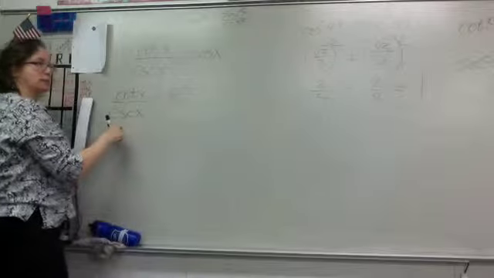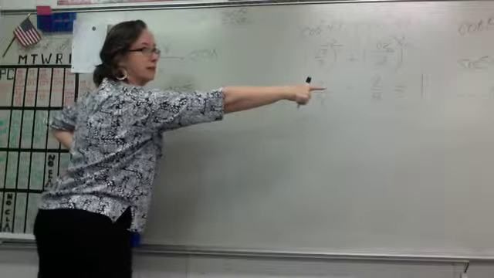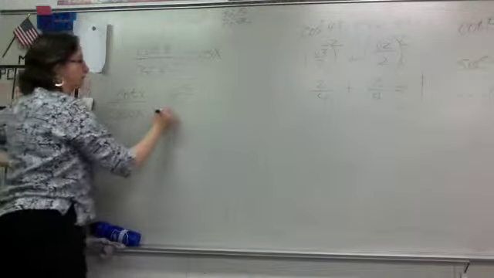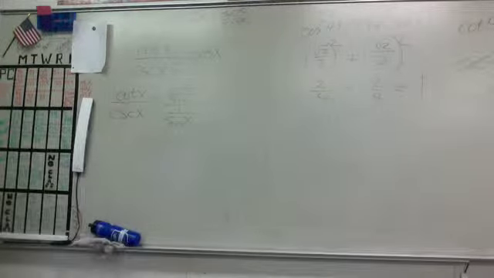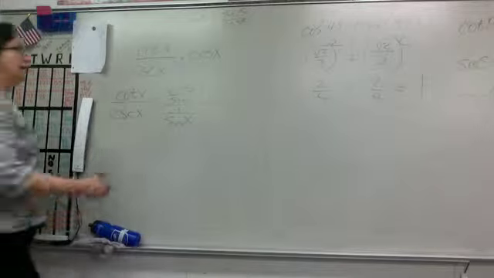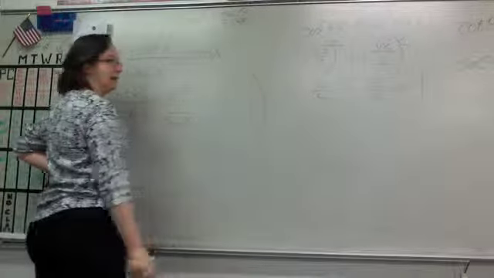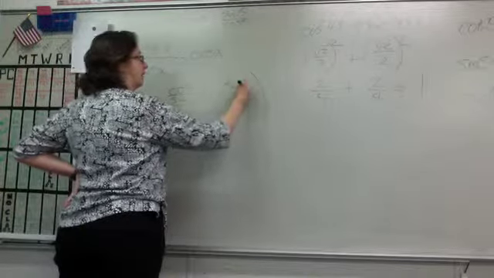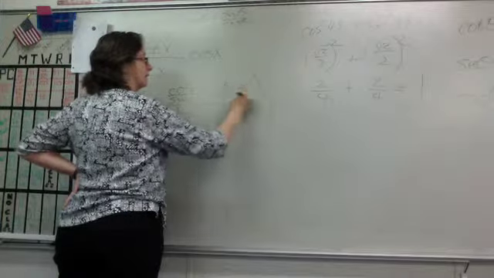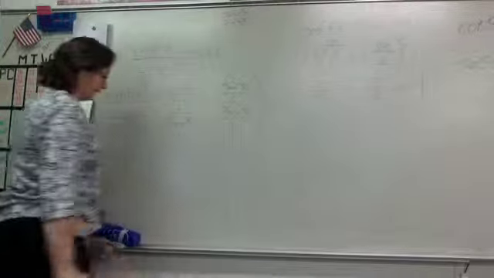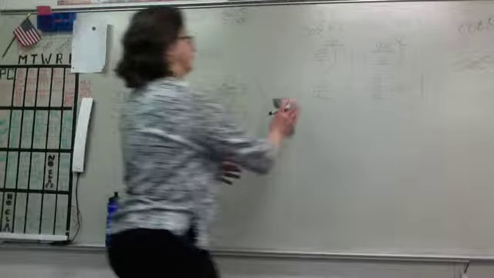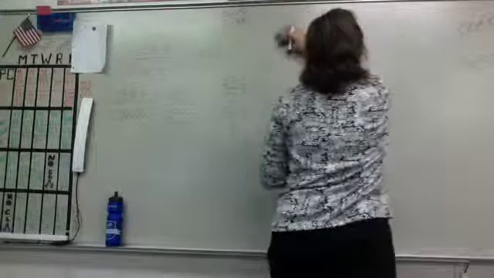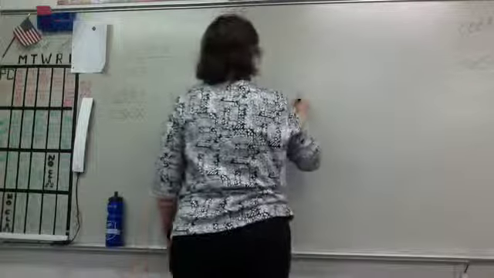What about the bottom? Cosecant is 1 over the sine of x, isn't it? Now what would happen if I multiply by 1 in the form of sine of x over sine of x? What do I get? I get the cosine over 1, or just the cosine of x.